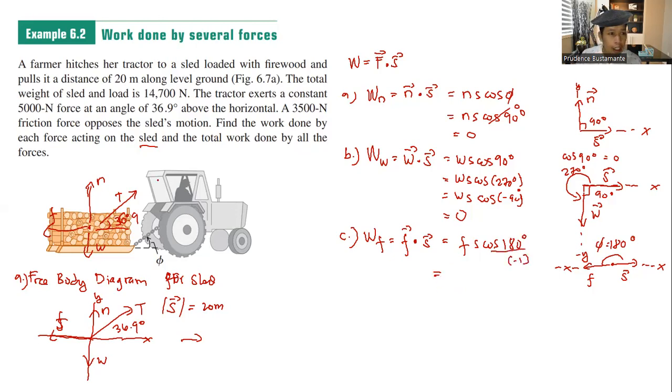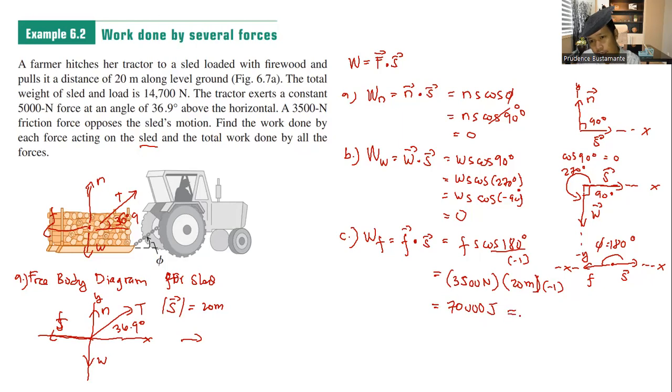The magnitude of the friction force is 3,500 Newton, and the displacement is 20 meters, times -1. 3,500 times 20 is 70,000, which is 70,000 joules.